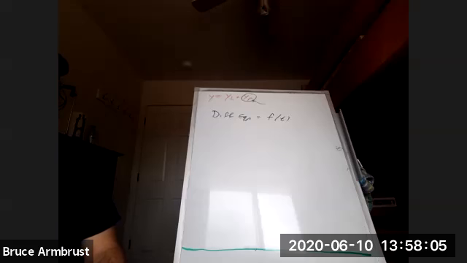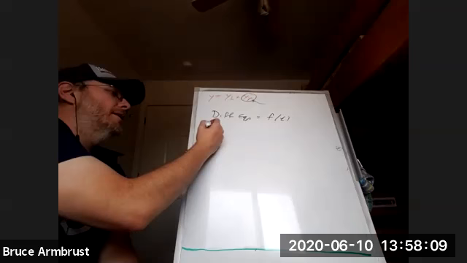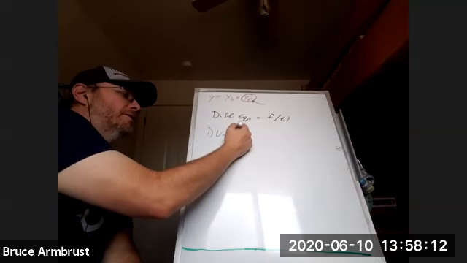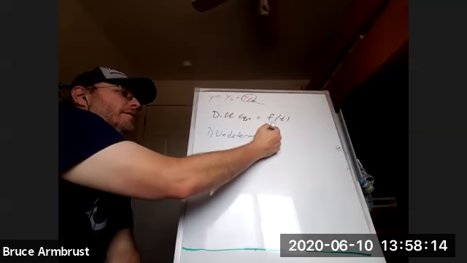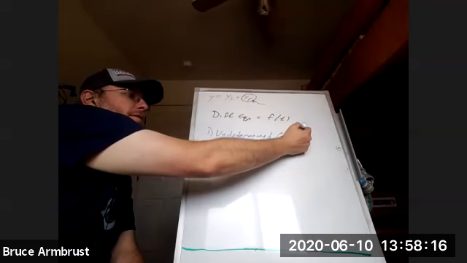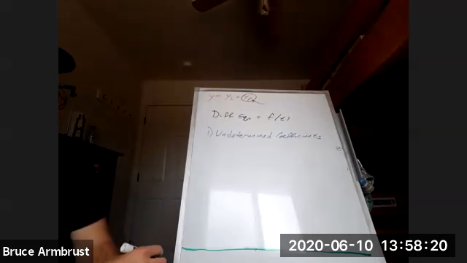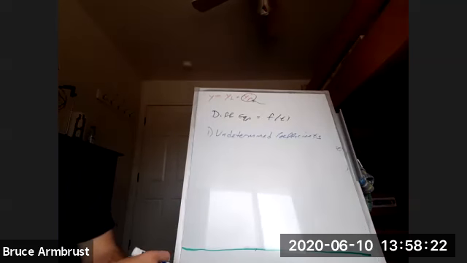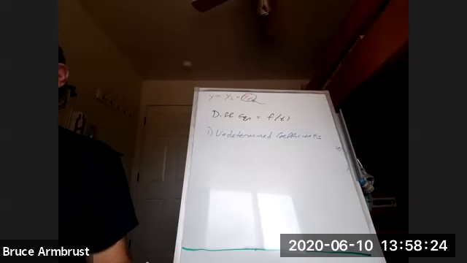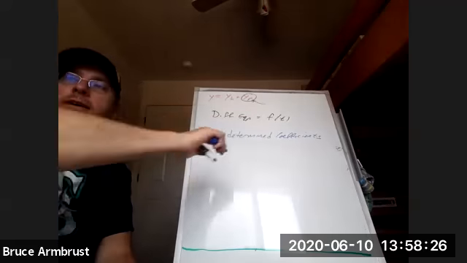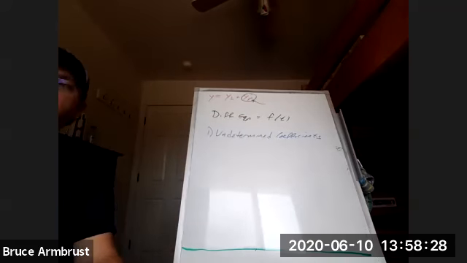And so in terms of things that we did to help us do this before, we did things like undetermined coefficients. So undetermined coefficients, that was the make a guess of the form. So if it was a trig, we put in trig. If it was a polynomial, we put in a polynomial. If it was exponential, we put in an exponential or combinations thereof.